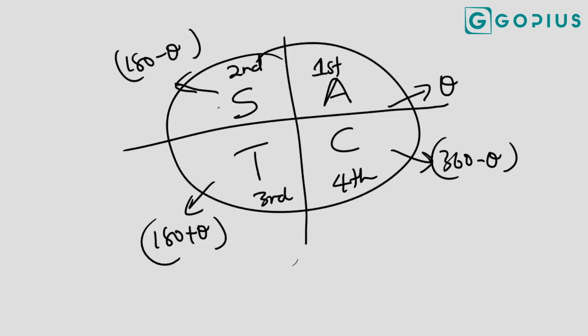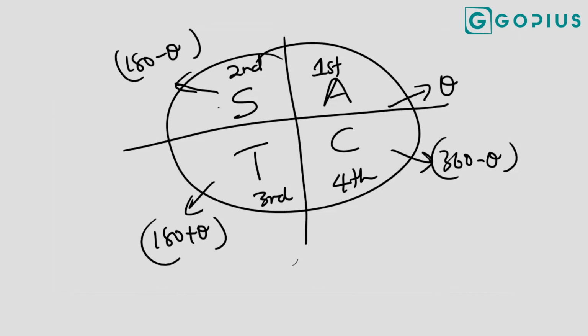You need to be able to break these angles down to a special angle of 30, 45, 60 or 90 degrees. So sine 300 means sine 60 degrees. And sine 60 degrees is root 3 over 2. And since in that quadrant sine is negative, you add a negative sign to that. You have minus root 3 over 2.